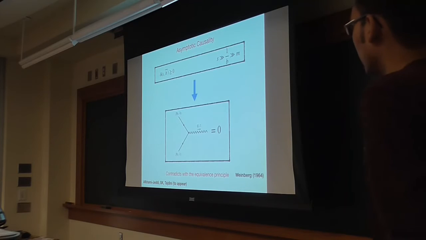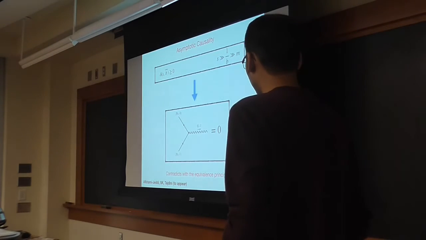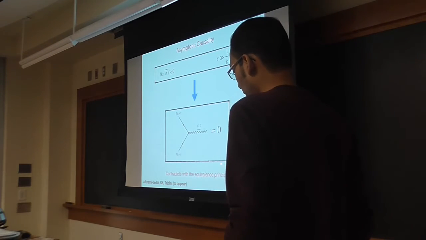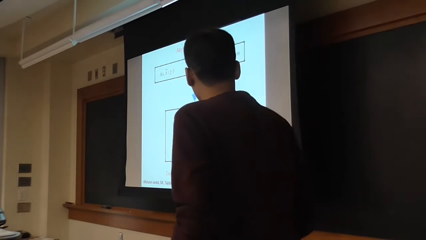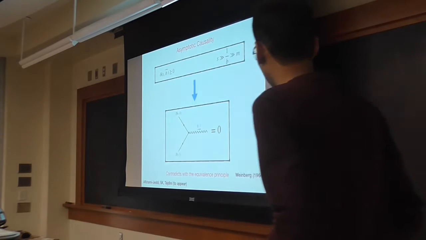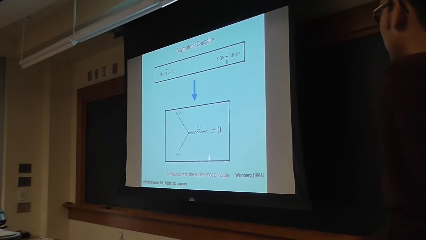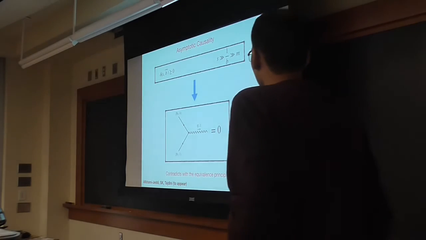And this contradicts the equivalence principle that we use for effective field theory because of Weinberg's 1964 paper, which says that this 3-point function cannot vanish, basically.